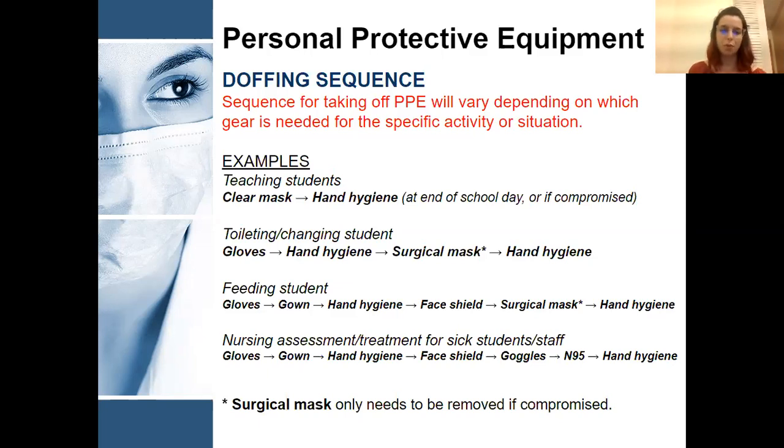If you are performing a nursing assessment or treatment for sick students or staff members, you're going to want to remove your gloves, then your gown, perform hand hygiene, remove your face shield and goggles if both are indicated for the situation, remove your N95, and then engage in hand hygiene once again. A reminder that the surgical mask only needs to be removed if it is compromised or if you're switching to a different type of mask.